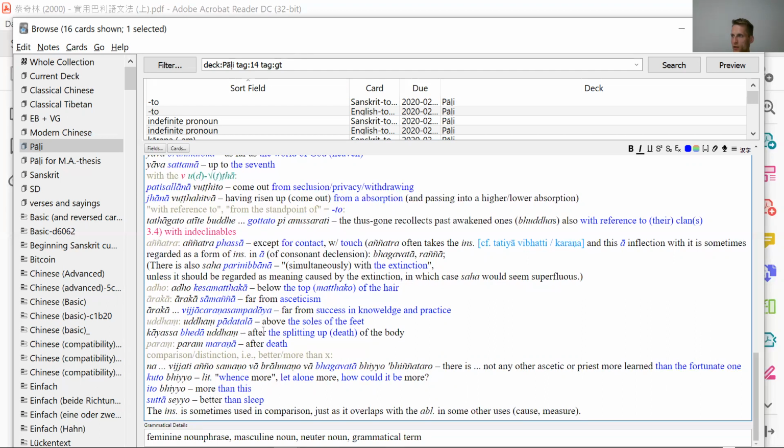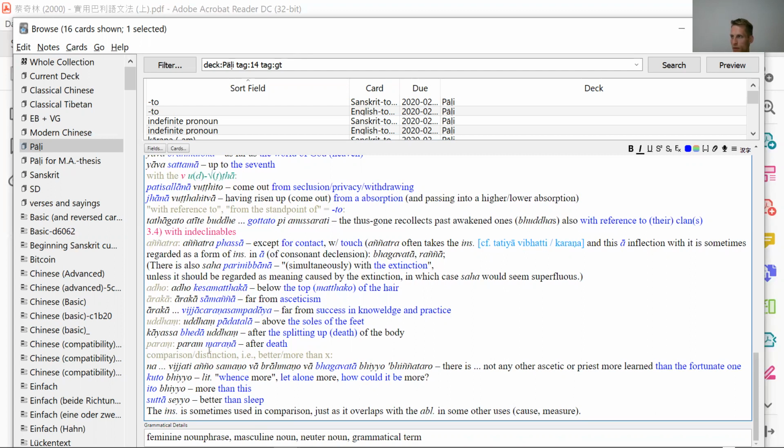Uddang paratala, above, uddang, the soles, tala, of the feet, pada. Kayasa Veda, Uddang, after, Uddang, the splitting up, Veda, of the body, Kayasa.